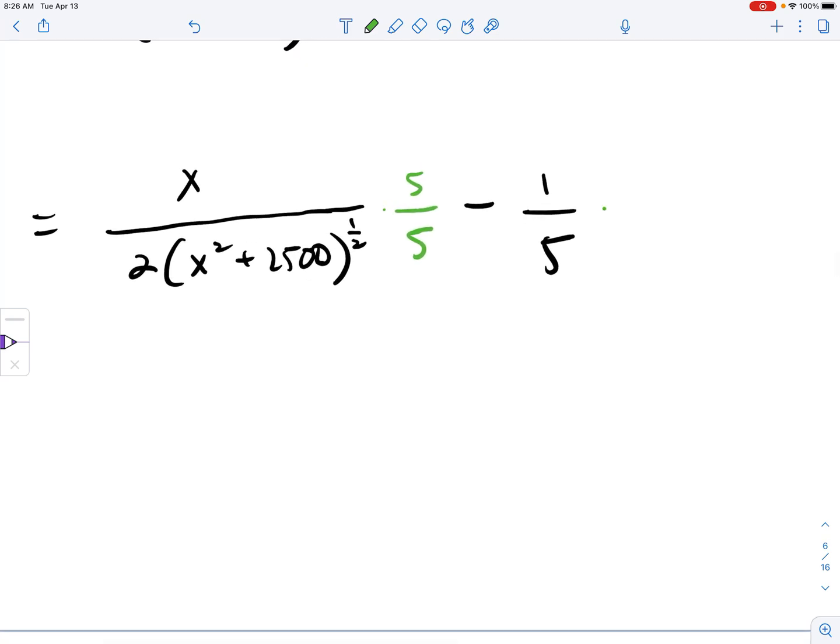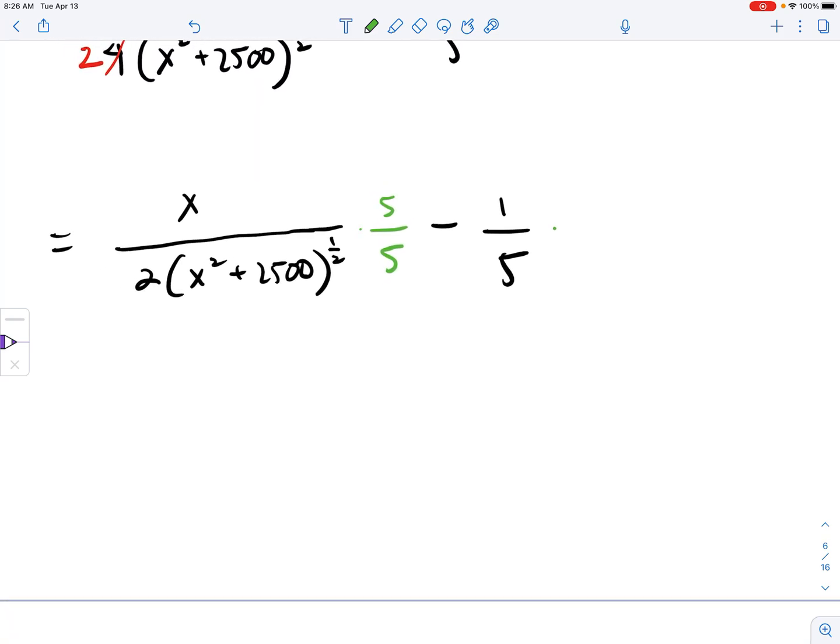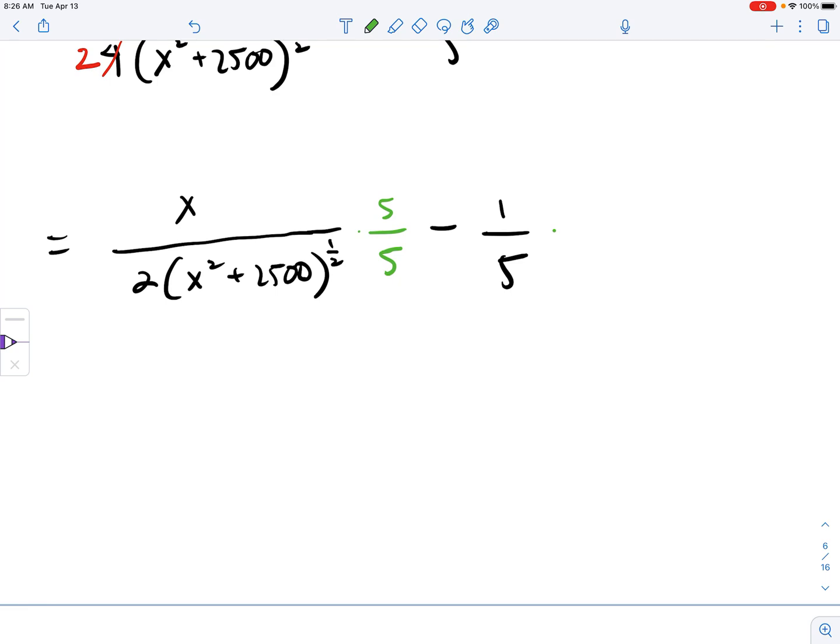And then I can multiply the 1/5 by 2 times x squared plus 2500 to the 1/2 power over itself. So I end up just multiplying by the opposite denominator, that version of 1.